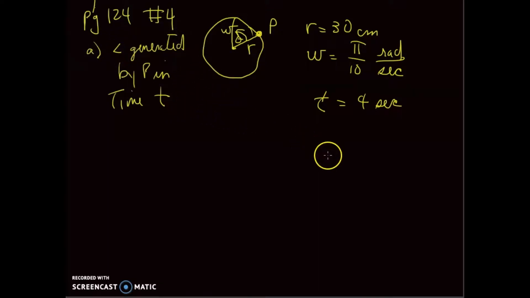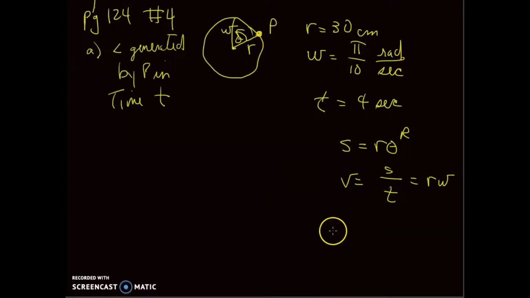So which one of those formulas, let's see, s equals r theta, that has theta in radians. v equals s over t, or r omega, well, that doesn't have the radians in it, and omega equals theta over t, and this can be radians. I'm going to put the r up there because I'm going to use radians all the time. So we've got omega, we've got t.